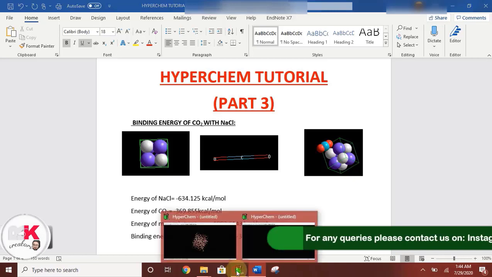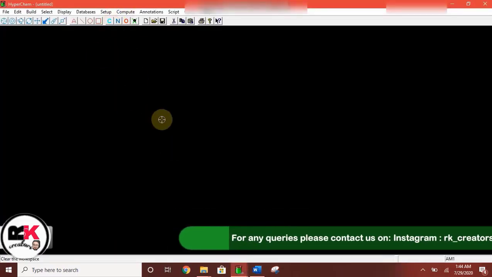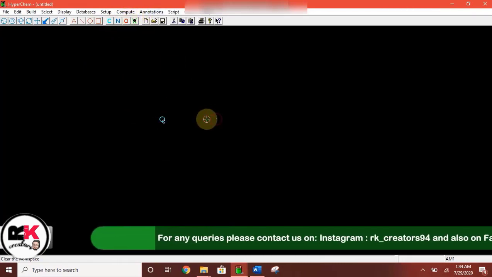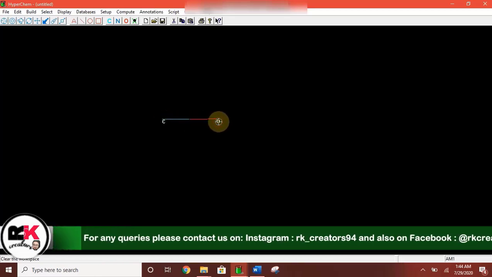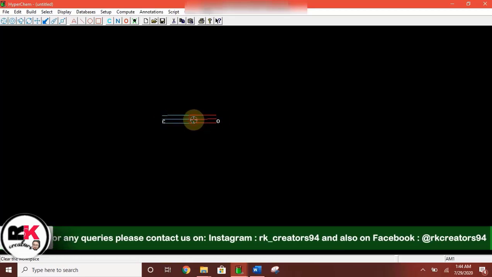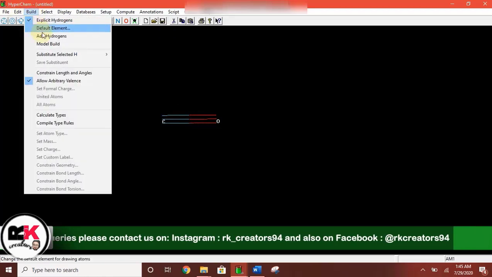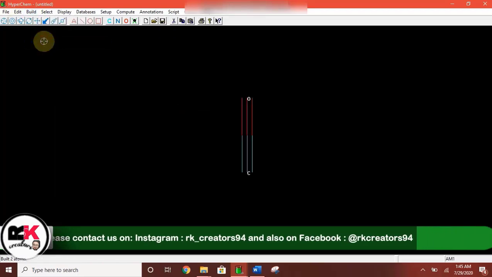So we move towards the HyperChem software, select the carbon atom to draw a carbon monoxide molecule, join the oxygen atom to the carbon, convert the single bond into the triple bond, select the build and click on the model build option.